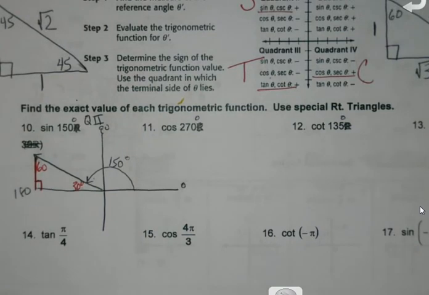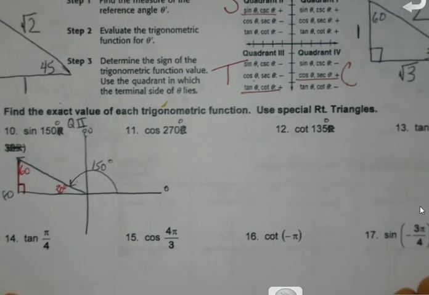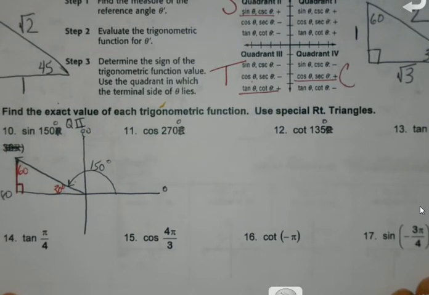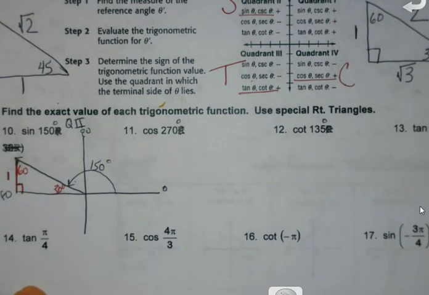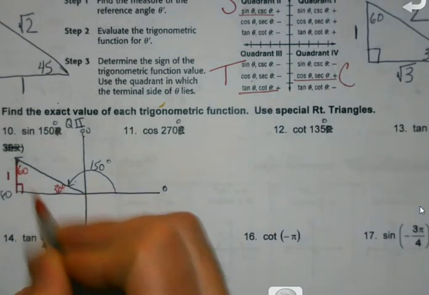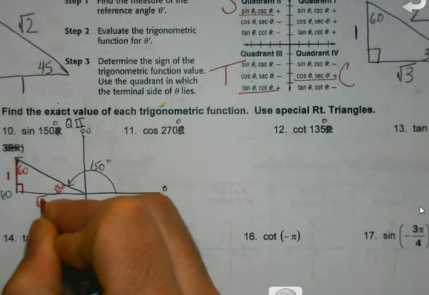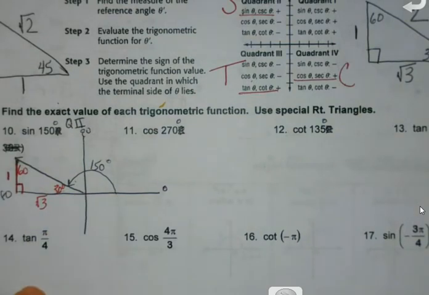So once I know that, and I know what my form's going to be, sneak it back into the screen here a little bit. Okay, my side opposite my 30 is 1. My long leg, my leg opposite the 60, is the square root of 3. And then this is going to be 2.